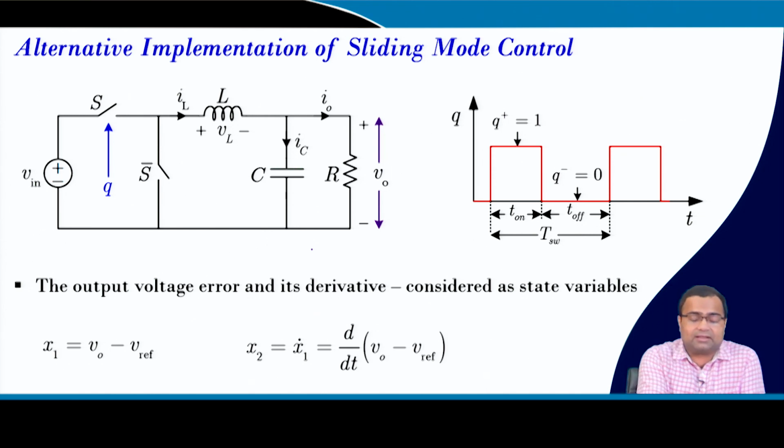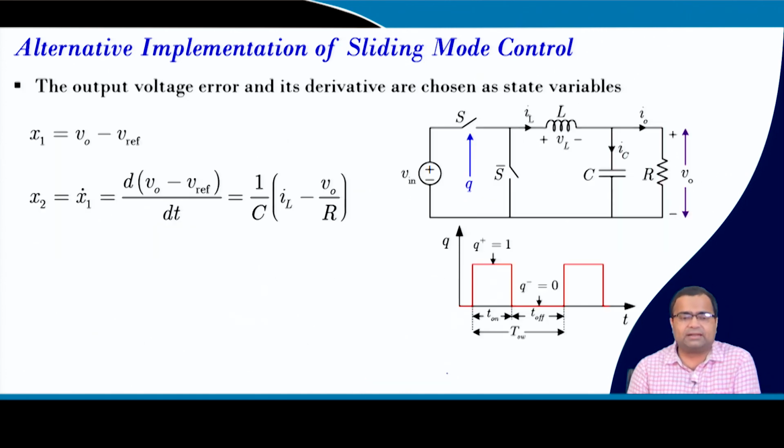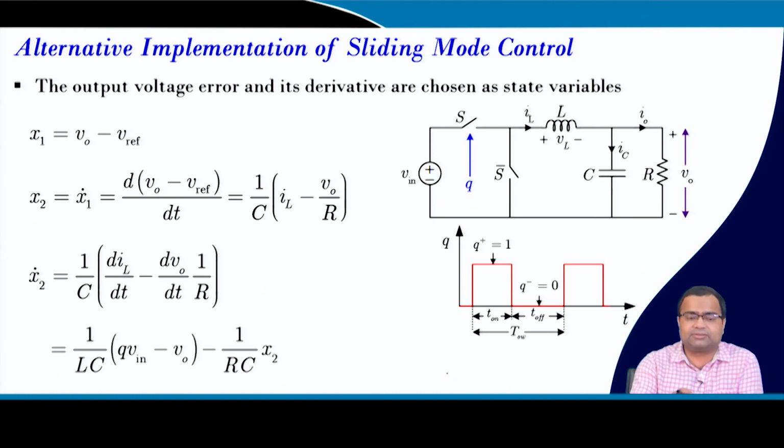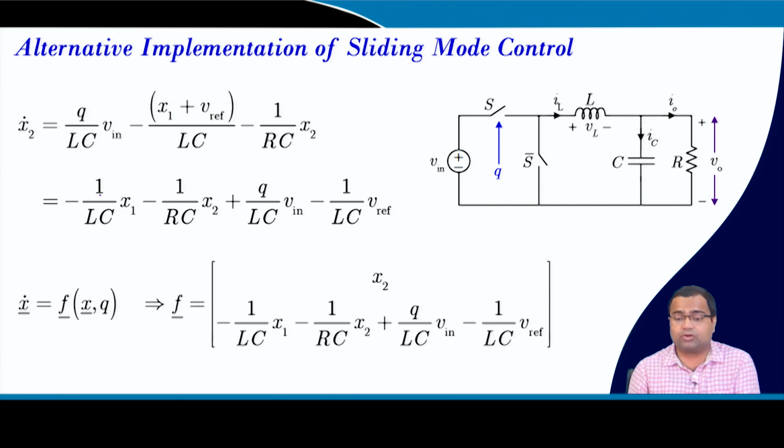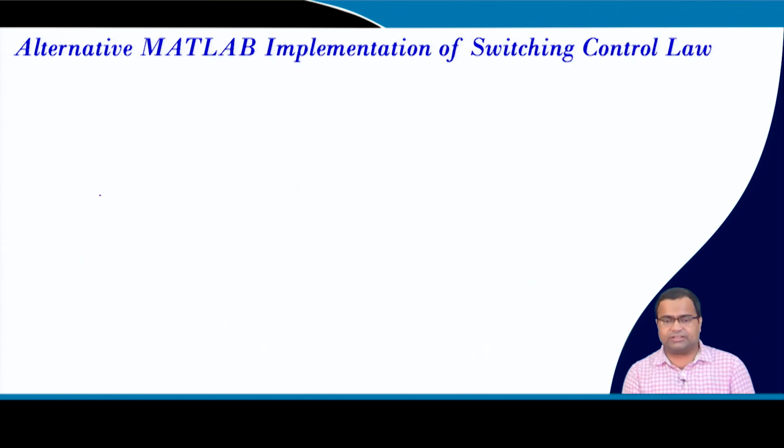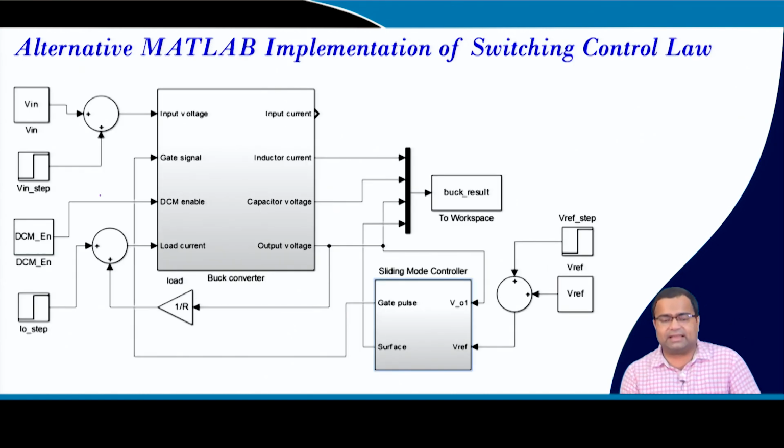So, we are taking the error voltage as the one state and the derivative of the error voltage to be the second state. And if you do that, then we can write the x1 dot, x2 dot realization with the switching control logic, as already explained in the sliding mode. And we have also discussed what should be our switching control logic, so that we can satisfy the reaching condition and the sliding condition.